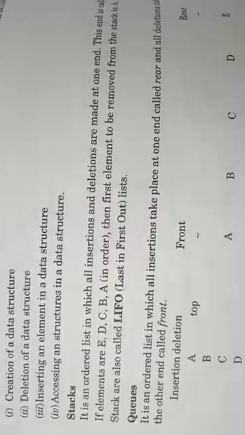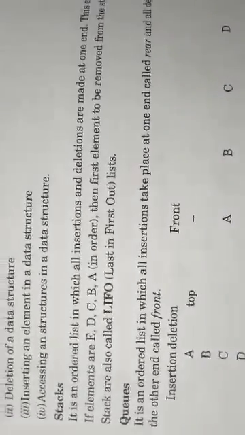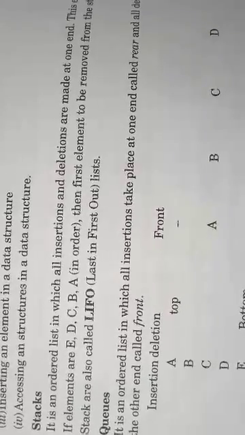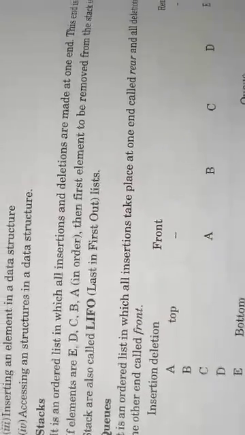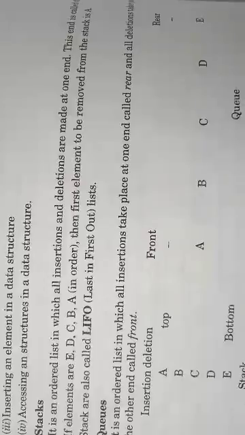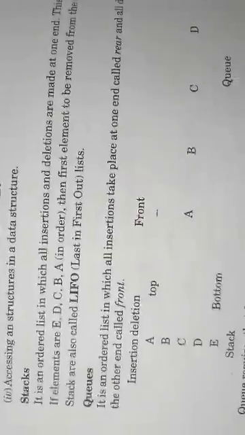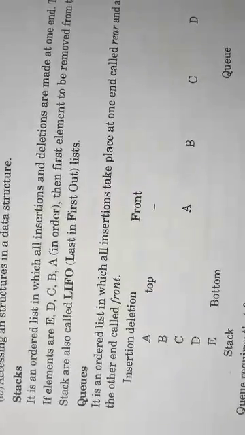This end is called the top. If elements A, B, C, D, E are in order, then the first element to be removed from the stack is E. Stacks are also called LIFO, last in first out list.